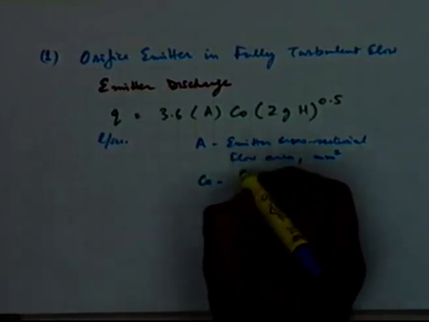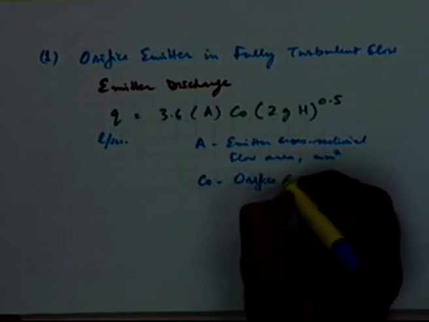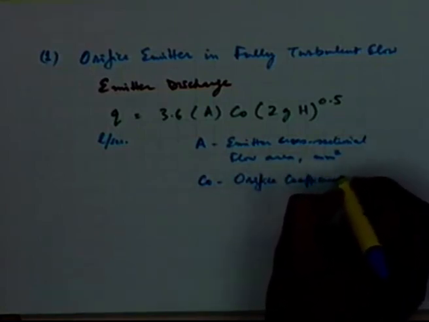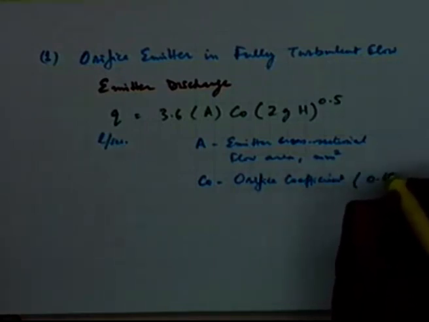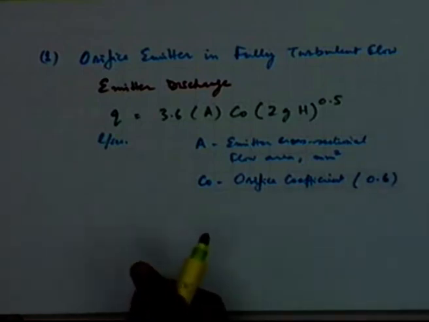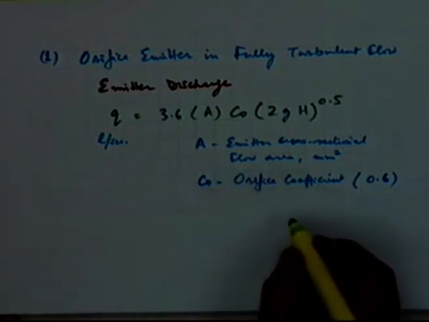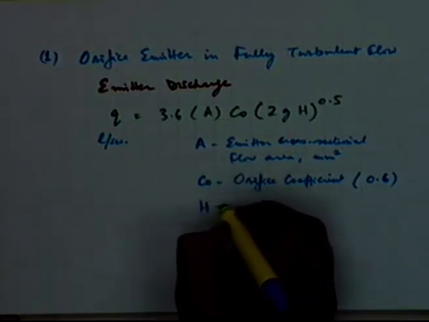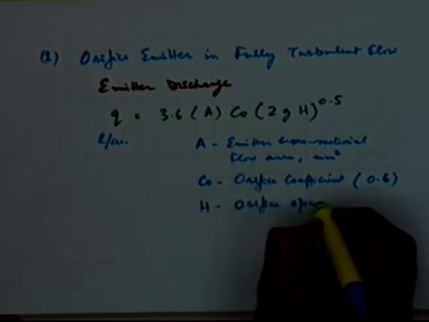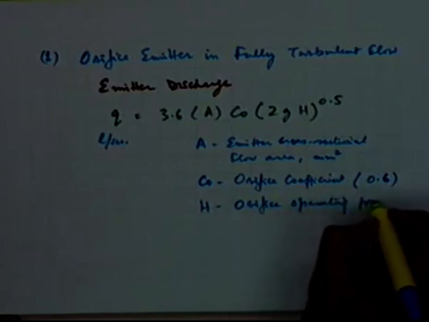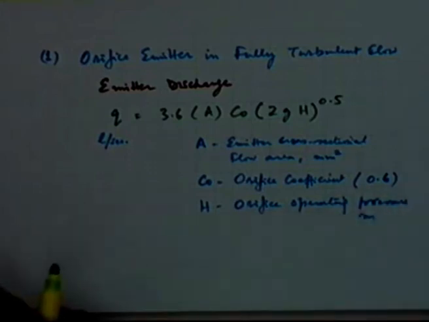C naught is the orifice coefficient, and a typical value of this coefficient is taken as 0.6 normally. G is the acceleration due to gravity, and H is the orifice operating pressure, and is expressed in meters.